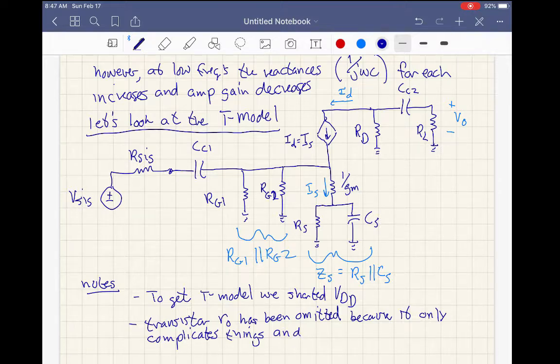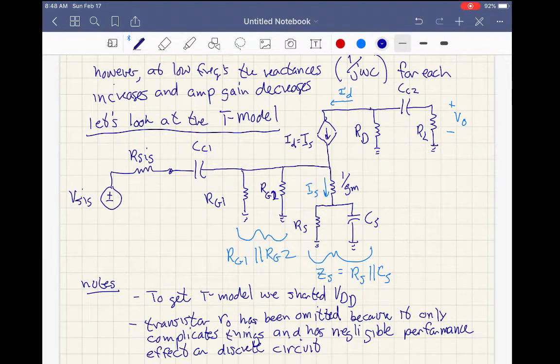Let's just say it has negligible performance effect on discrete circuit amplifiers, which is what this is, right? It's not an IC transistor. Discrete circuit amps.